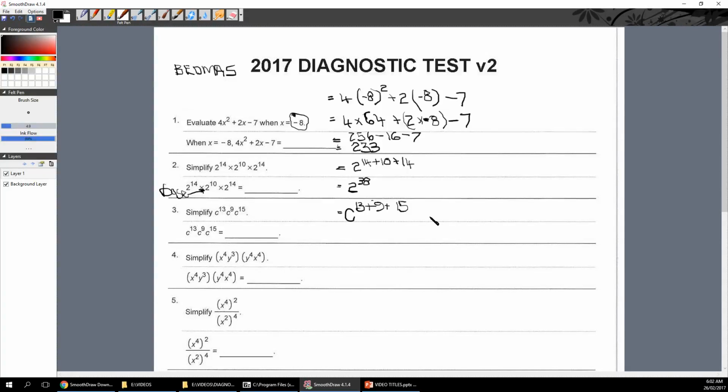So 13 plus 9 is 22, plus 15 is 37. C to the power of 37.